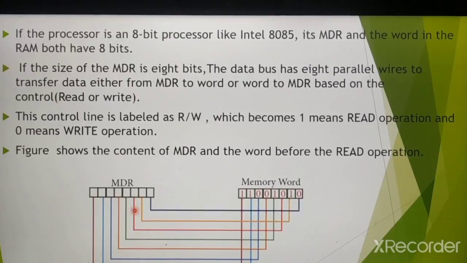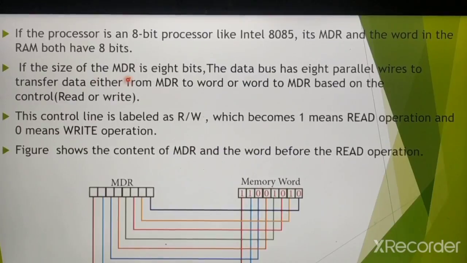If it is an 8-bit register, we have 8 bits of word length for the memory data register as well as the memory in the RAM. If the size of the memory data register is 8 bits, it has only 8 parallel wires or lines in the memory data register as well as memory. Memory means RAM.